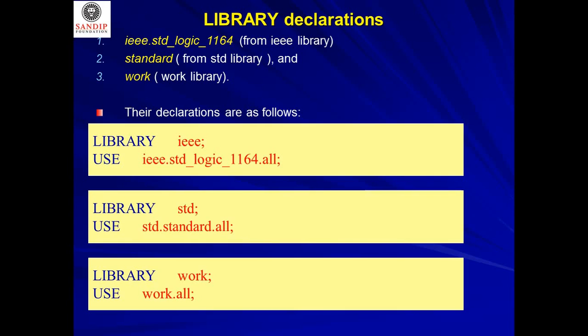Similar way we can declare the library standard and library work. In standard library, std is the name of the standard library. Standard is nothing but the name of the package, and all are the components. Similar to work library, from the work library all the components are added.